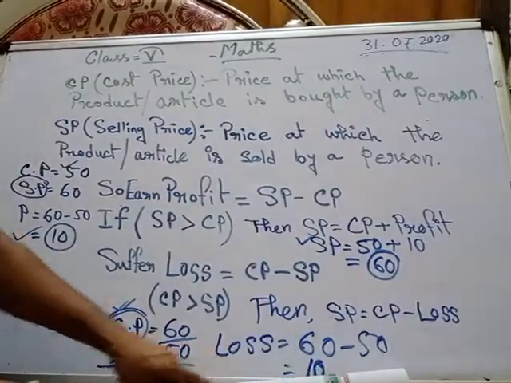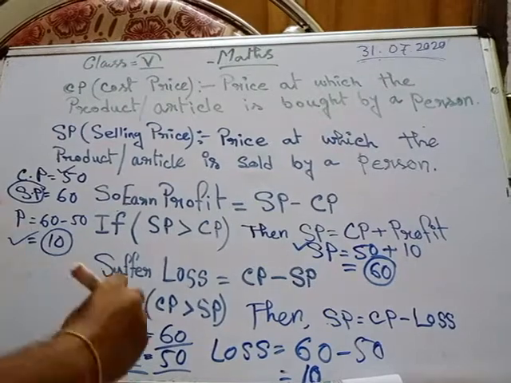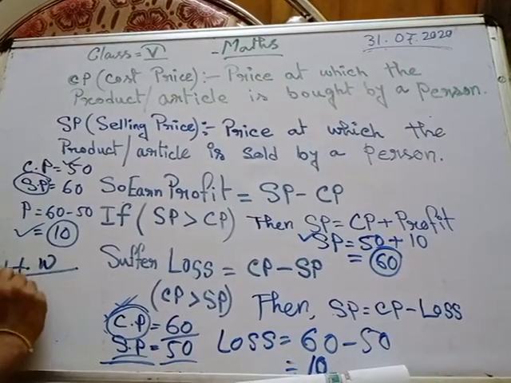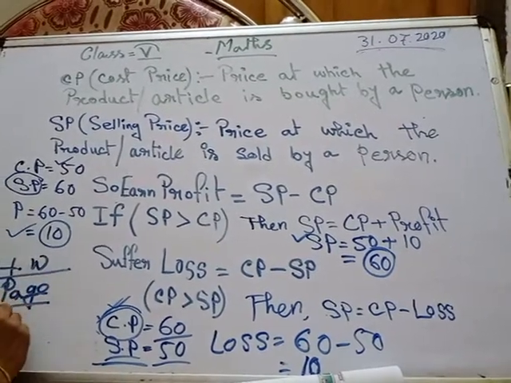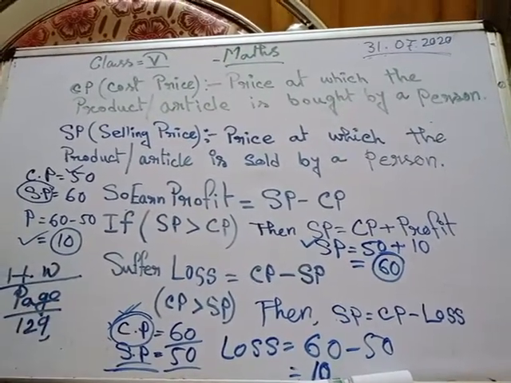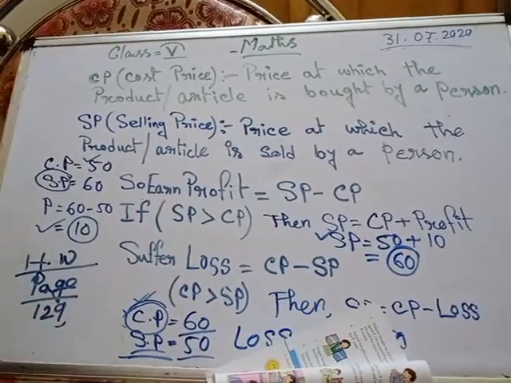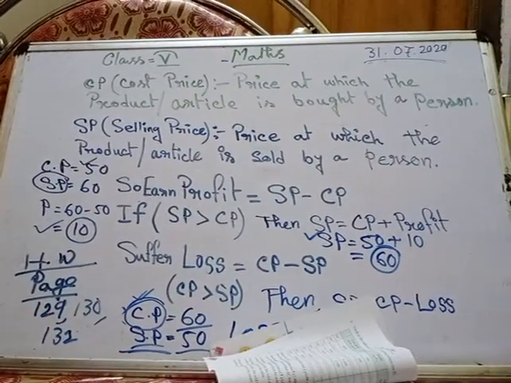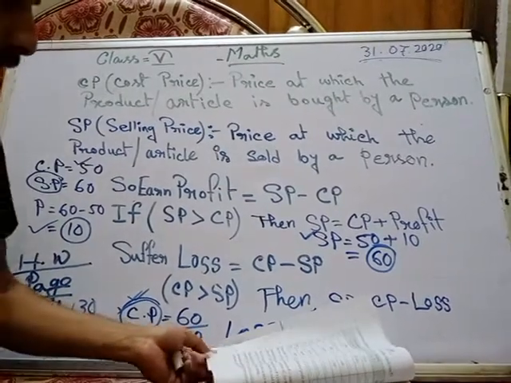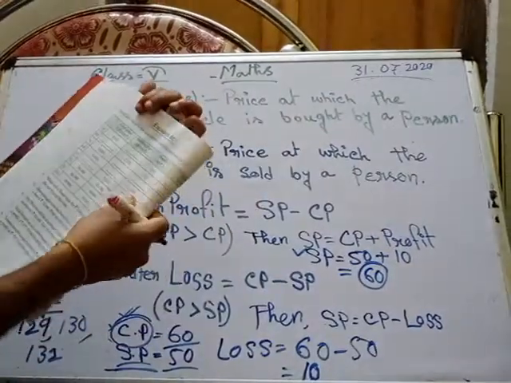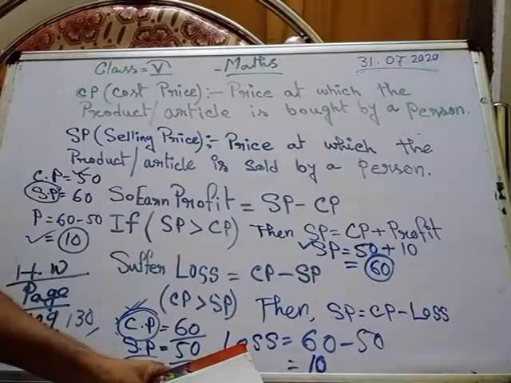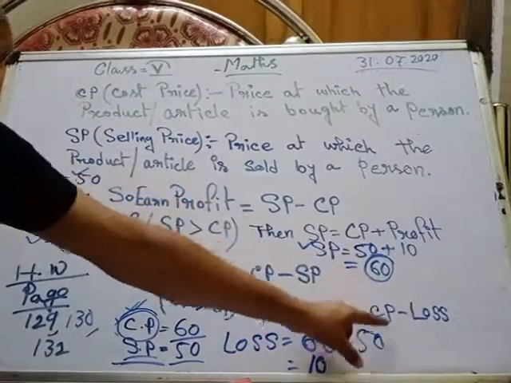Homework: page numbers 129, 130, and also 132. On page 132, if you try it, there is some profit and cost price. Find out the loss or selling price. Like this, you should find it out using the formula.